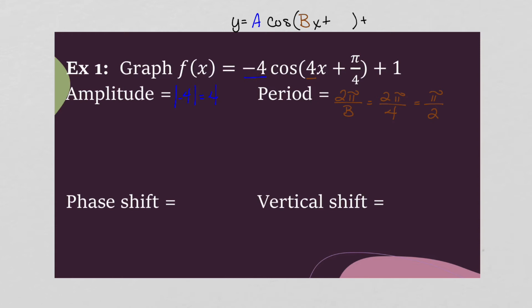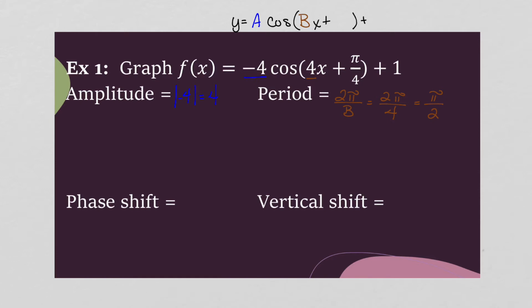So that means we're going to complete a full period, a full rotation of the graph, meaning going up and then back down and back up, concave down, concave up, or vice versa, to complete a full period.